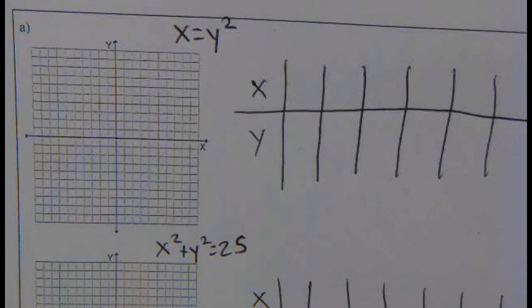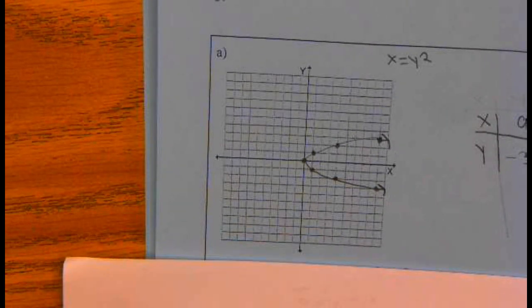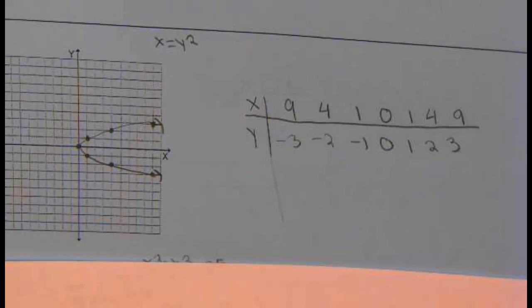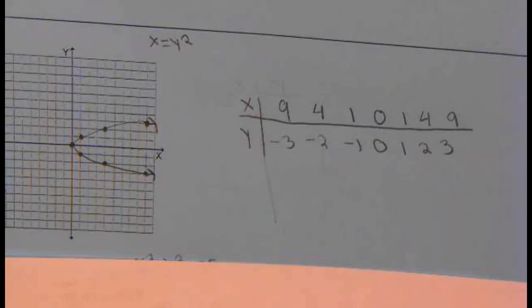Anyway, I'm going to show you what your classmate Ava M. got. She got a sideways parabola. Did any of you guys? I said to start with the y's, but did you include negatives when you started with the y's? Because negative 3 squared is 9, negative 2 squared is 4, but 3 squared is 9 and 2 squared is 4.